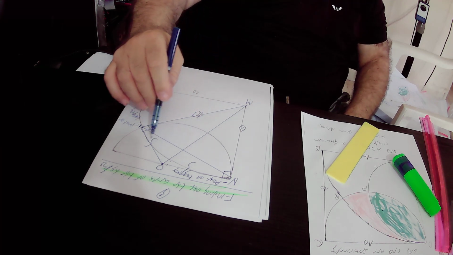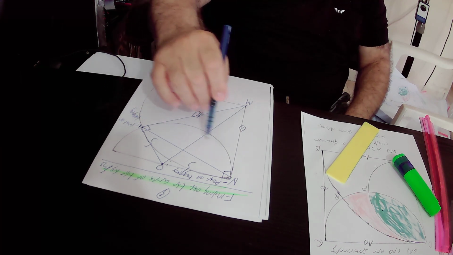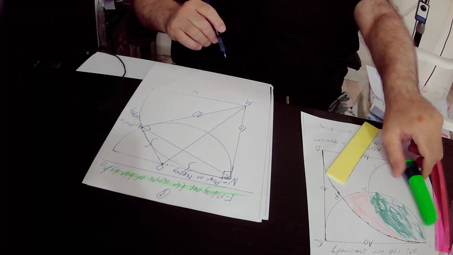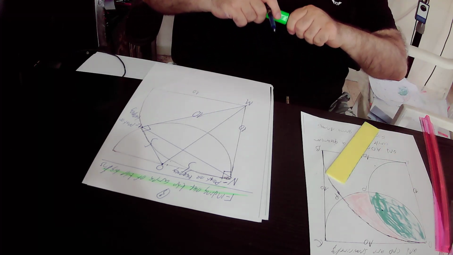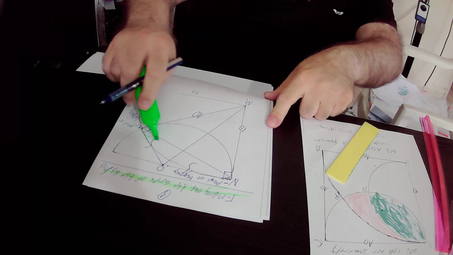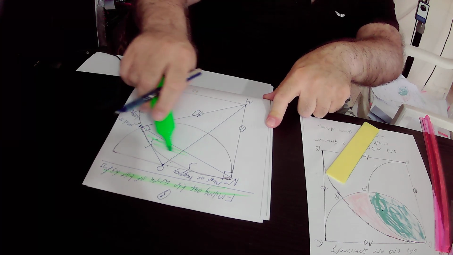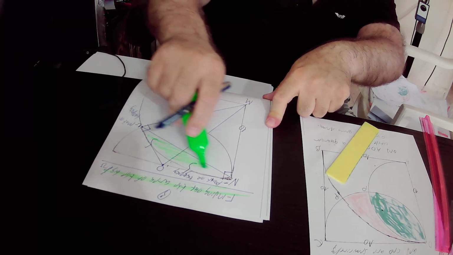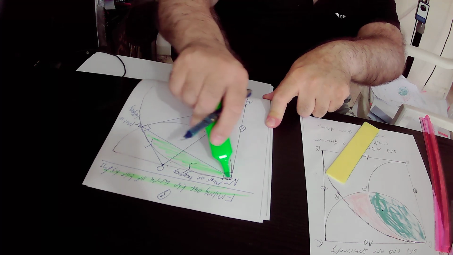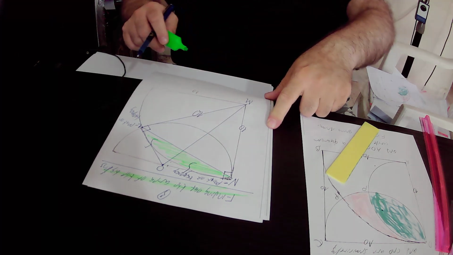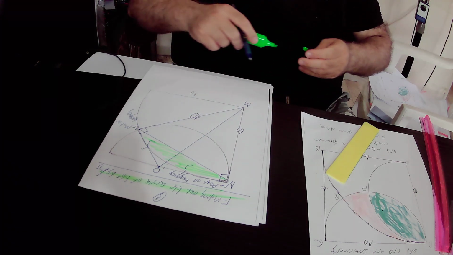This is the upper circular segment and this is the lower circular segment. We will calculate the area of each part, and then we will add the areas of the two circular segments to each other. This will be the area of this big lens.